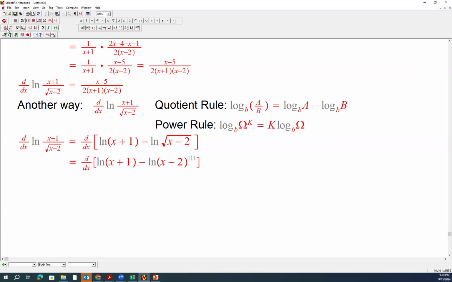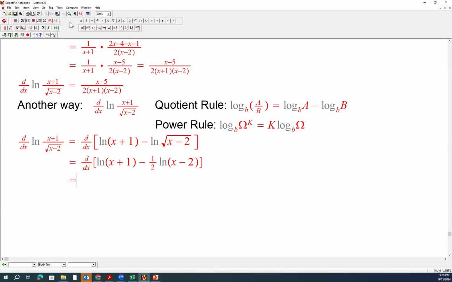So we can bring that power of half down in front of ln. Now we're differentiating these two. You can see it is expected to be much easier.